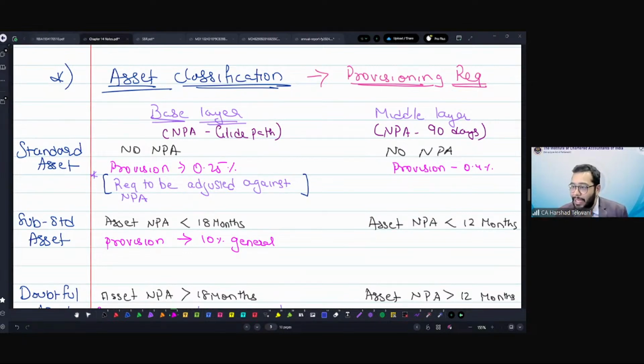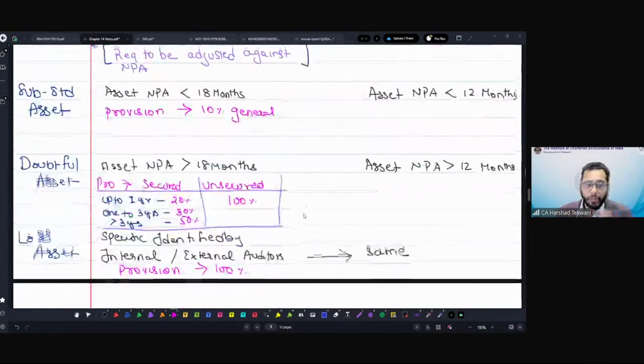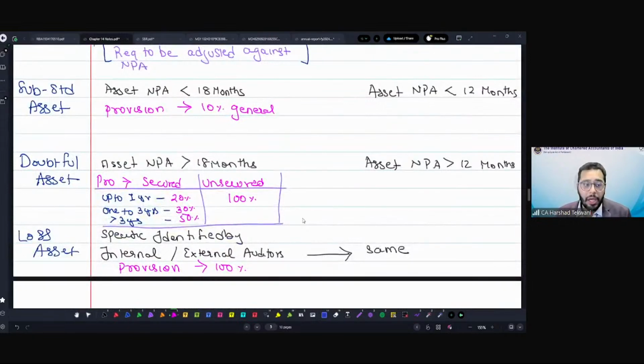For the other categories we have discussed till now, the substandard, the doubtful, and the loss asset, the provisioning requirement is the same. It is not different for the middle layer.